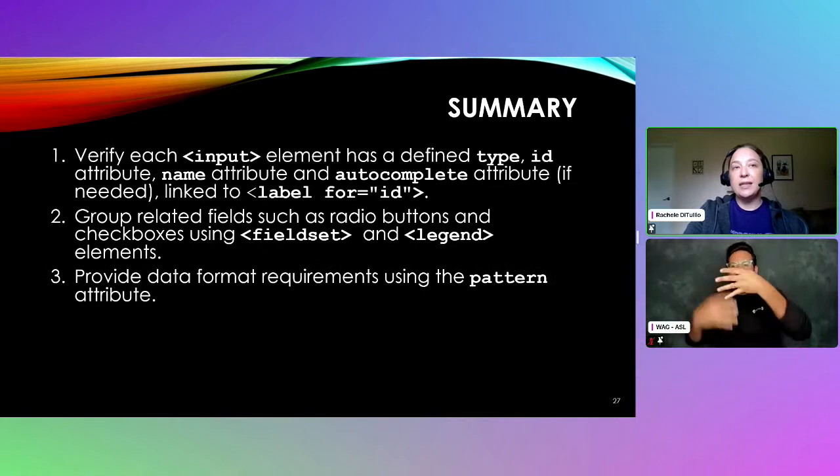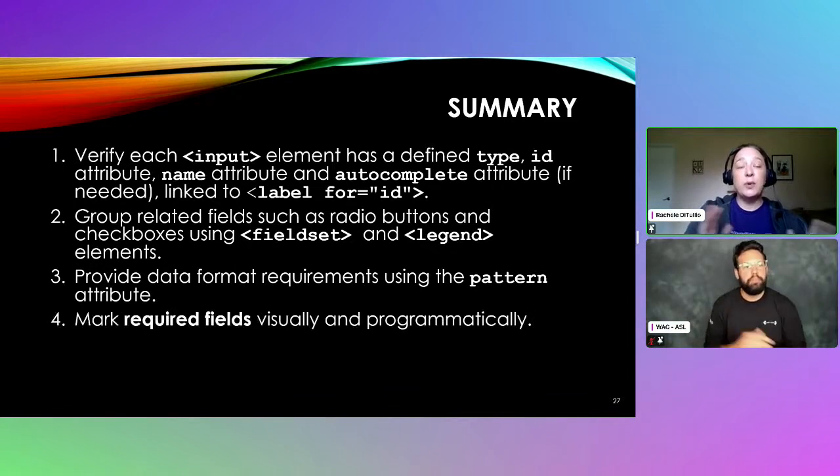Number three, we want to provide data format requirements using the pattern attribute or using some kind of regular expression. We can do this in JavaScript too, but you can also do it as an HTML pattern attribute. Number four, we want to make sure that we visually mark all of our required fields, and then we also programmatically mark them using either the required attribute or the ARIA required attribute.